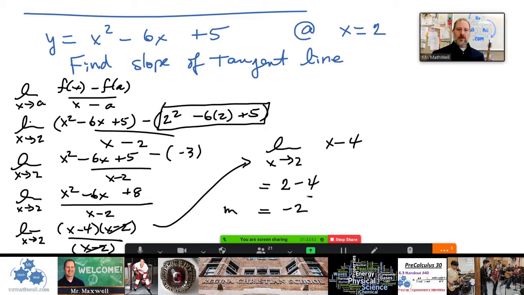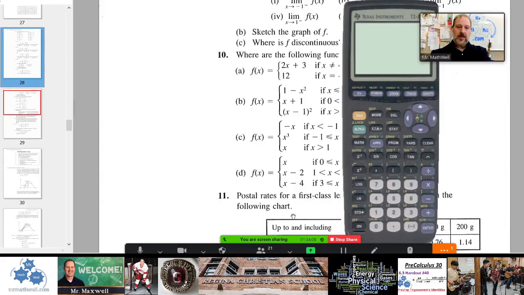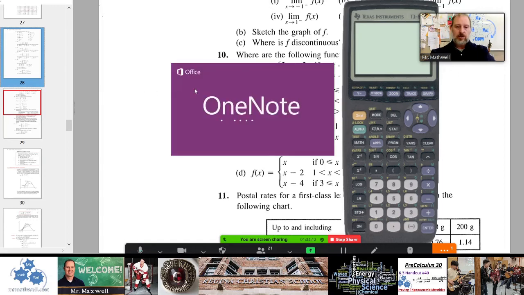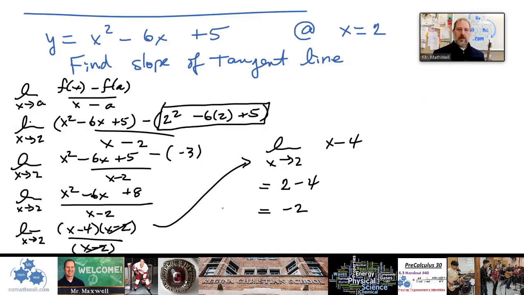So the slope of the tangent line, because we've used the format of the slope of a secant line and we've let x approach a using our limits, this simplification with substitution at the end gives us the slope of our tangent line. And my OneNote just disappeared. All right, any questions about this one right here?